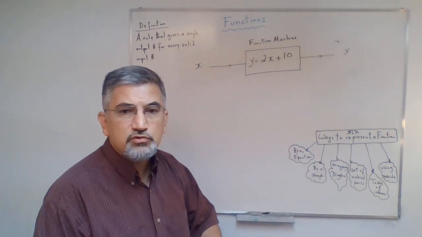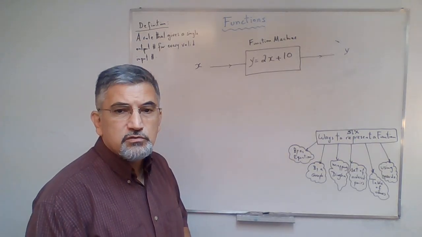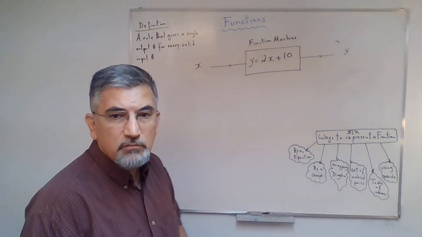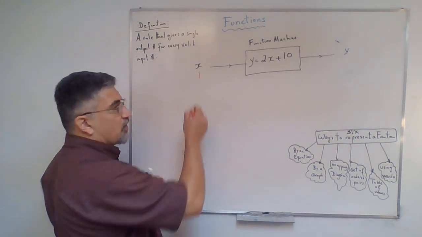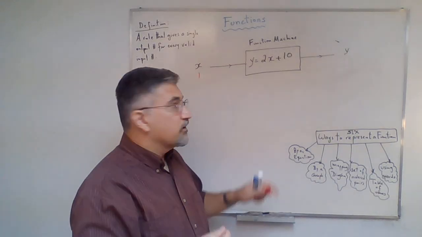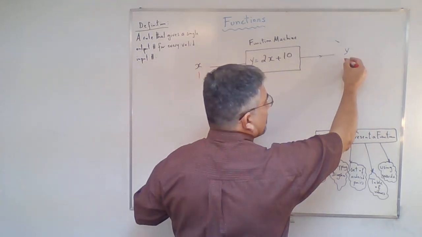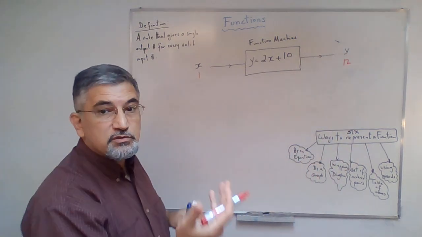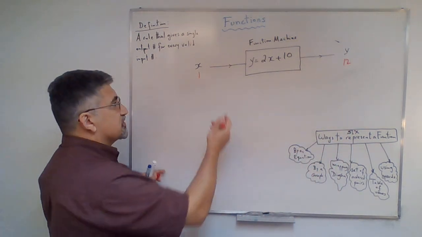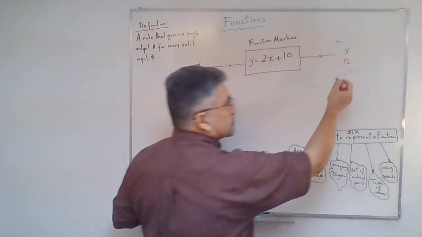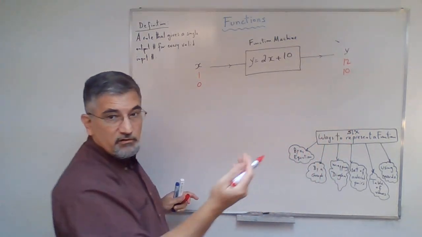For example, the input number could be anything you can think of. Let's say it can be 1, all right? So input could be 1. If the input number is 1, then double 1 plus 10 is going to be 12. So the output number is going to be 12. If the input number is 0, the output would be 10, of course.